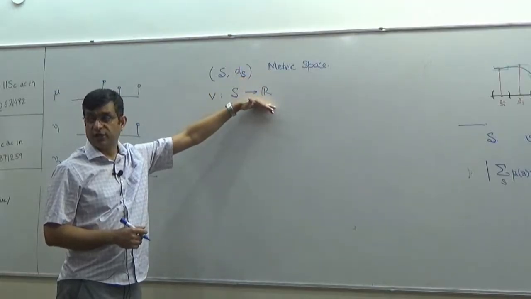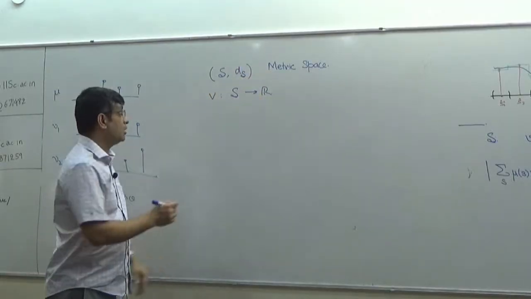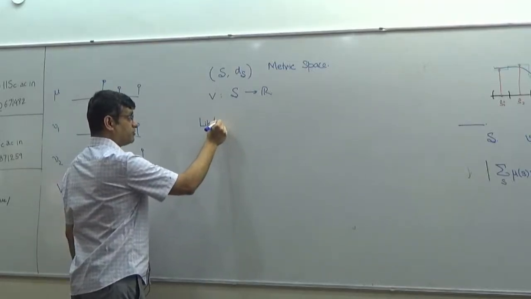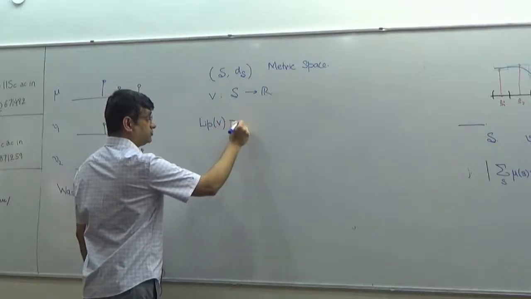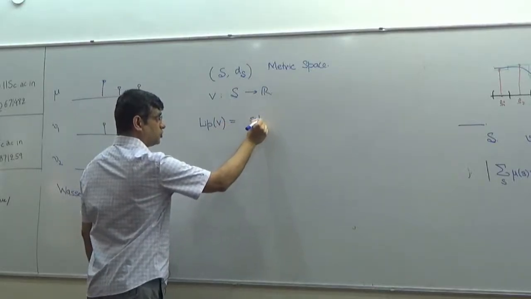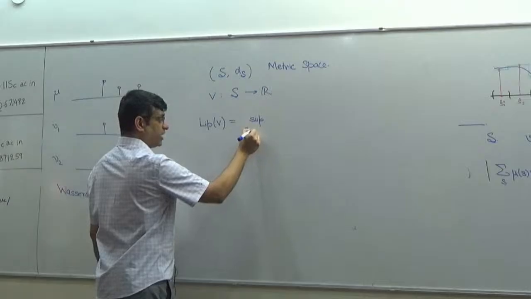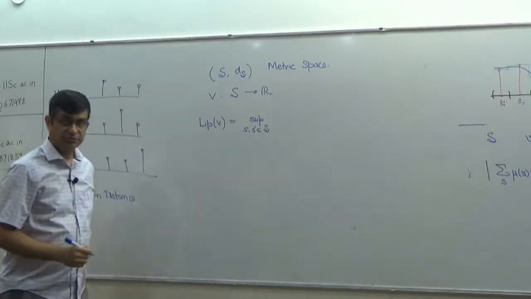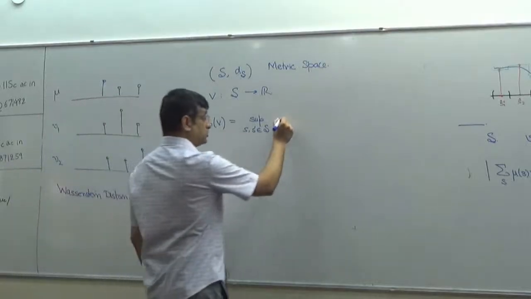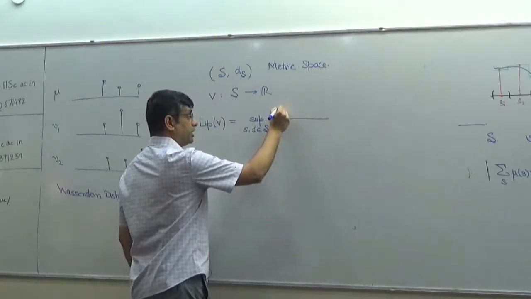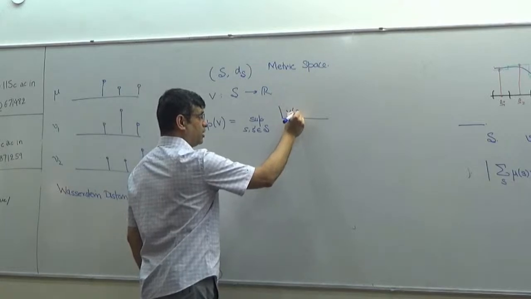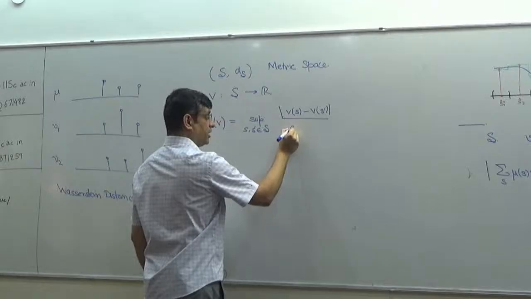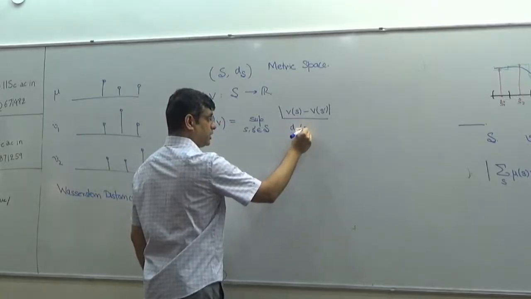I am going to define the Lipschitz constant of a function V as the supremum over two points S and S prime in my state space of a ratio. The numerator is V of S minus V of S prime, and the denominator is the distance between S and S prime.